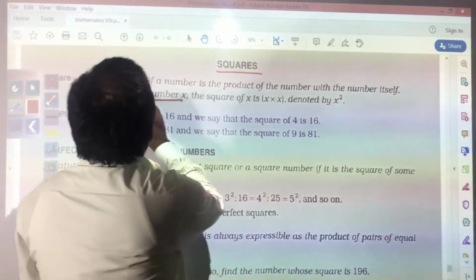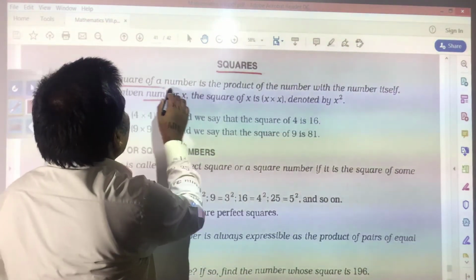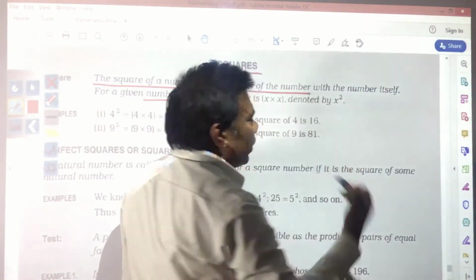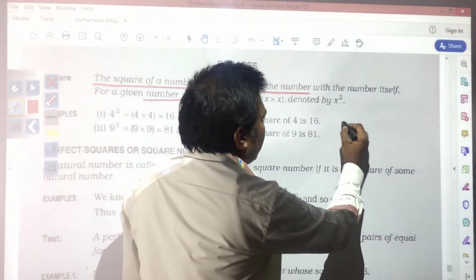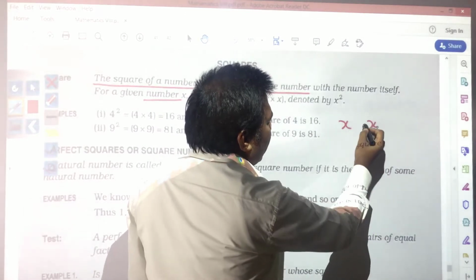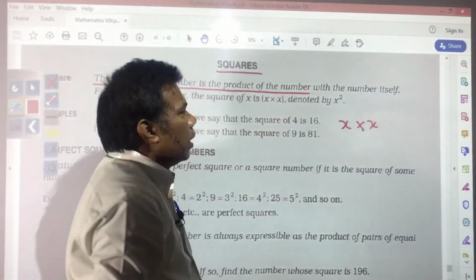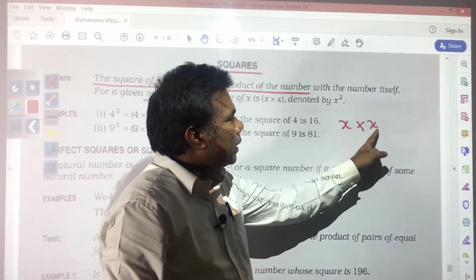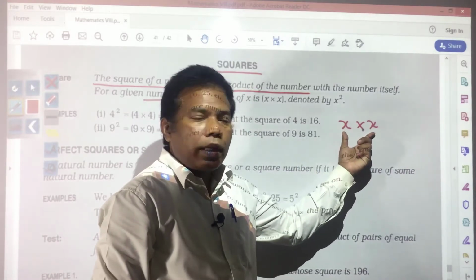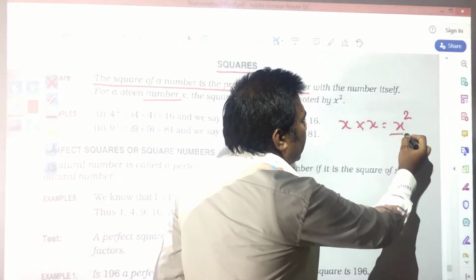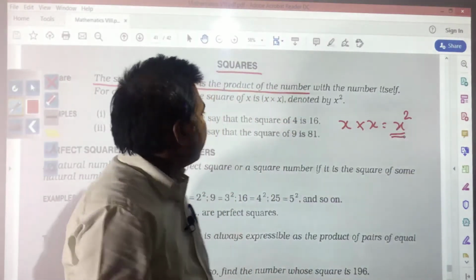If you multiply the same number with itself, what you get is x to the power 2, and that is called x square.